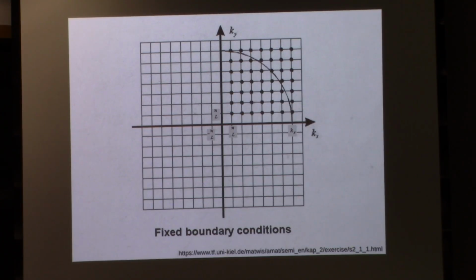What might I decide to call n sub x pi over L? In one dimension, I just said k is n pi over L. I'm in 3 dimensions now, so maybe I should still call things k's, but subscript them. So what might I call n sub x times pi over L? That could be called k sub x.